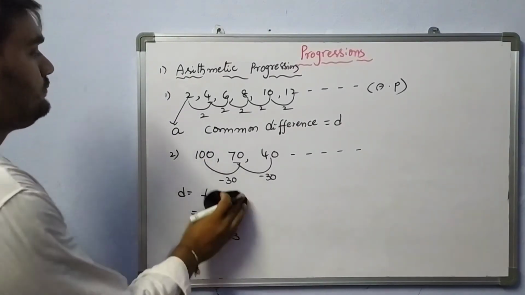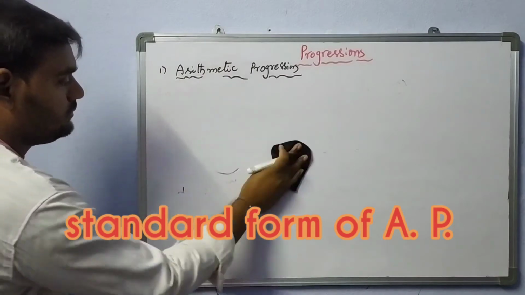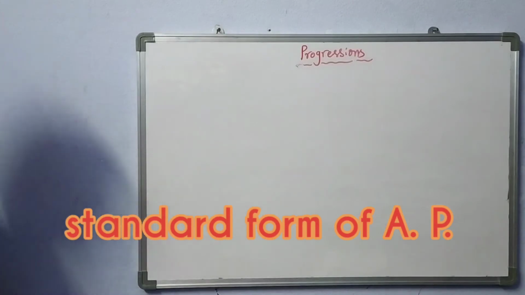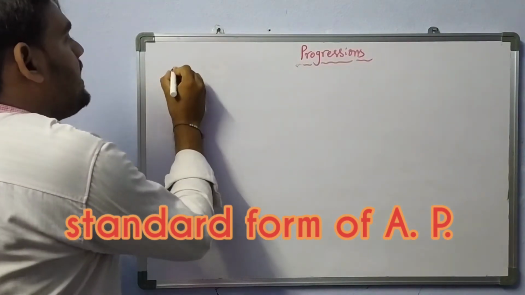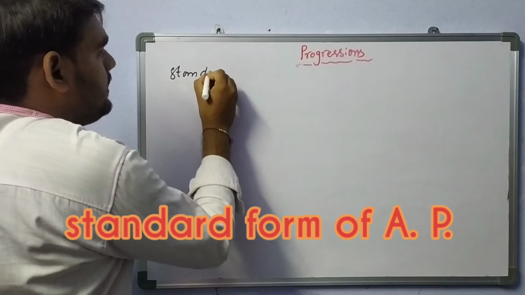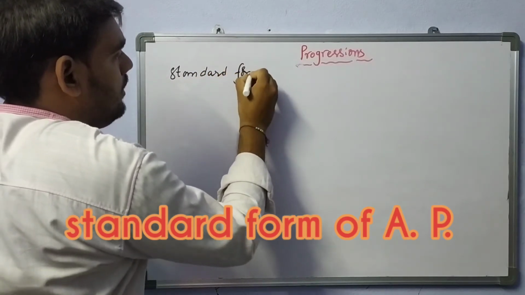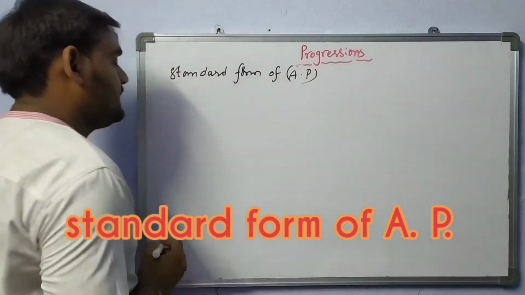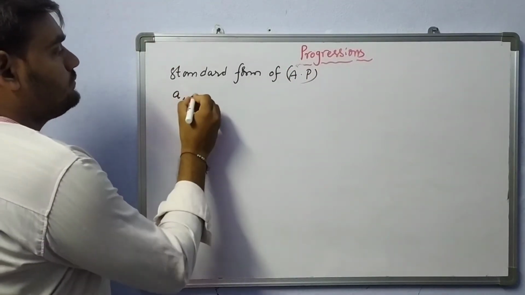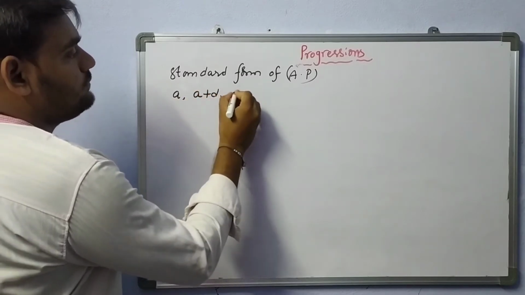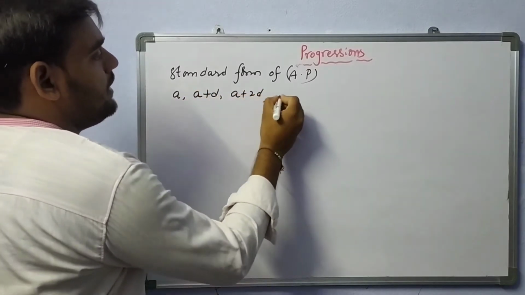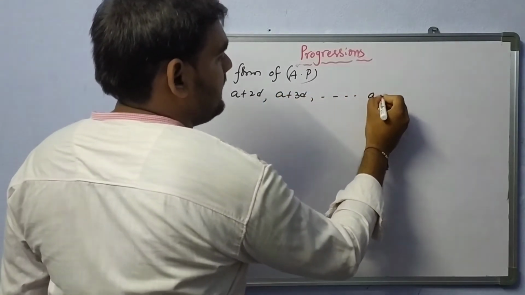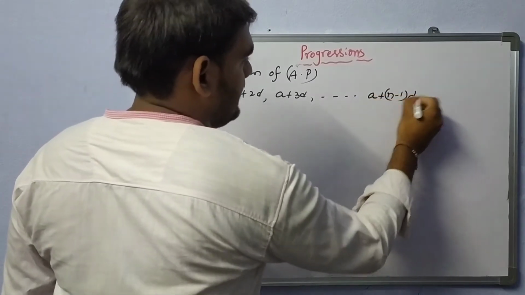See here, the standard form of AP is a, a plus d, a plus 2d, a plus 3d and so on, a plus (n minus 1) into d.